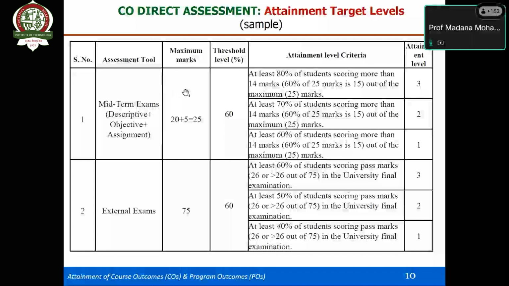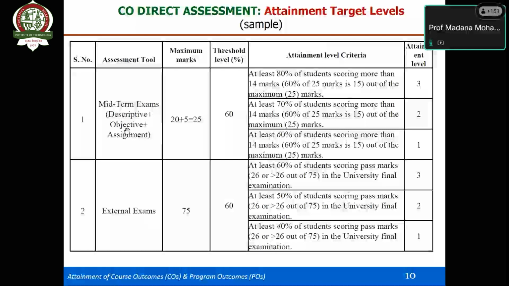For example, here I have taken one sample university's regulations. They have a midterm exam with 25 weightage and an end semester exam of 75, total 100 marks. University evaluation guidelines vary; this is only a sample. The midterm exam again consists of 3 components: a descriptive test, an objective test, and an assignment.